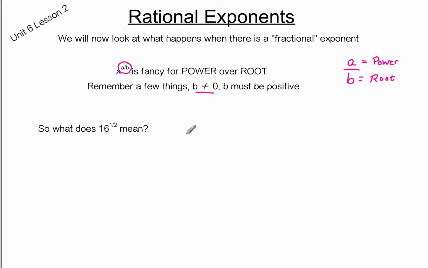If I asked you to take 16 and raise it to the 1/2 power, well, remember, the numerator means power, and the 2 means root.